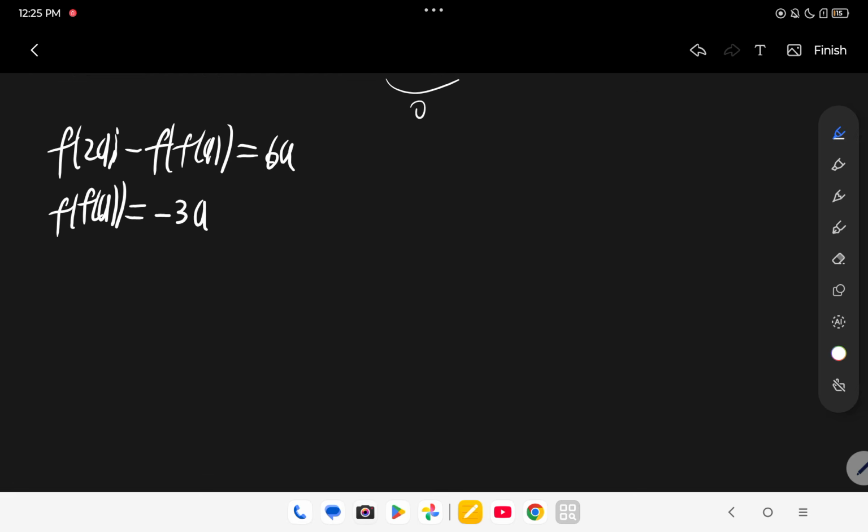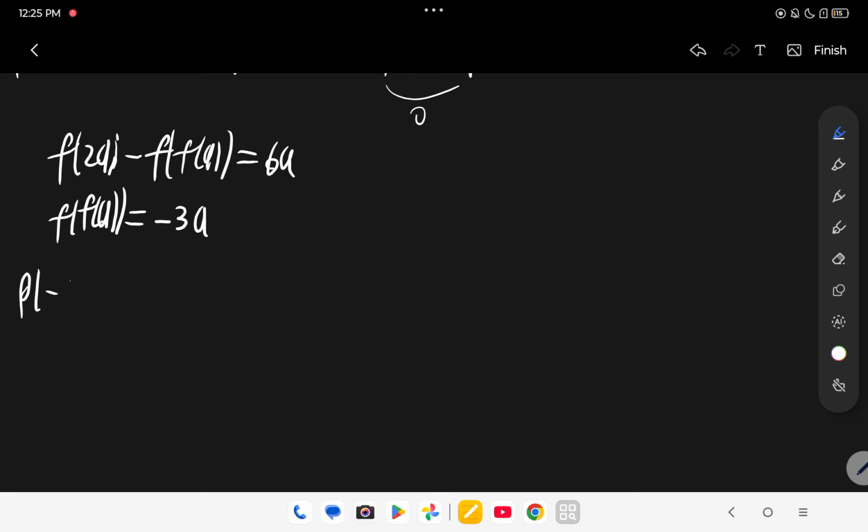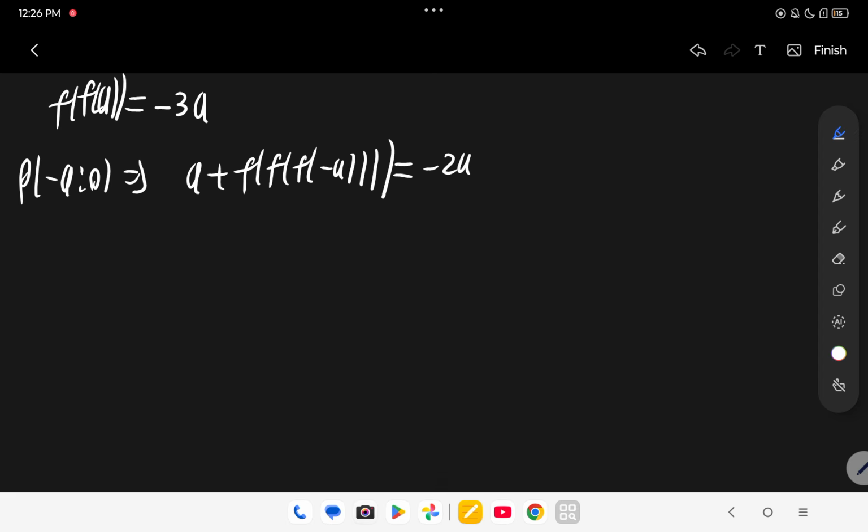Now let's put this from here. We get that a plus f(minus a) equals minus 2a. So this means that f(minus a) equals minus 3a, and we know that this is equal to f(f(a)).